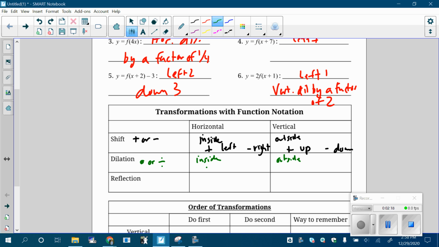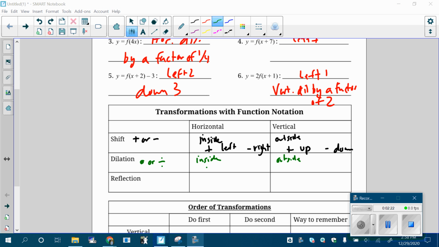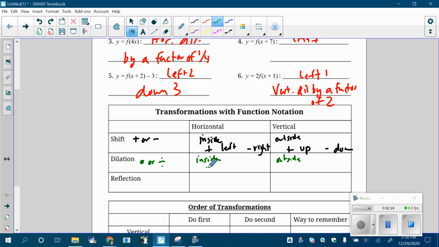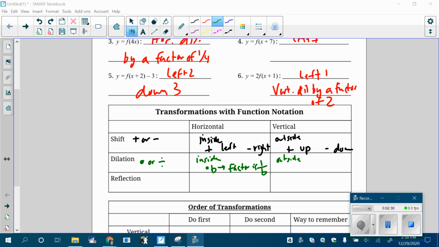Okay, so what that really means is you do the reciprocal. Maybe it's easier if we write it like this. If you have a times b on the inside, then the factor of your dilation is actually 1 over b. Okay, the reciprocal of it.